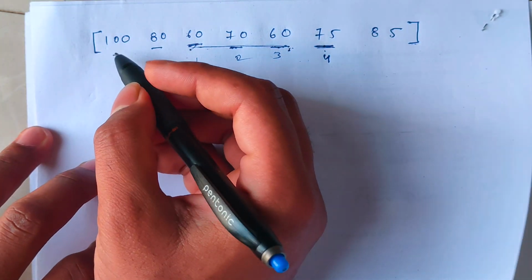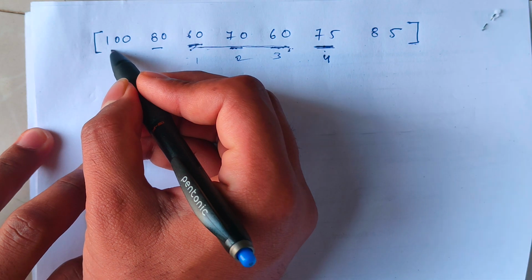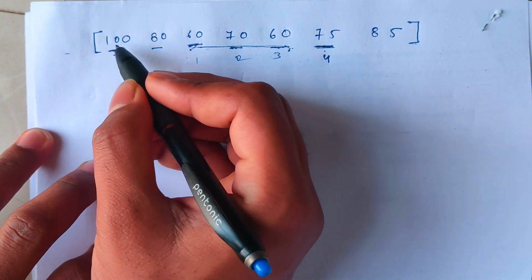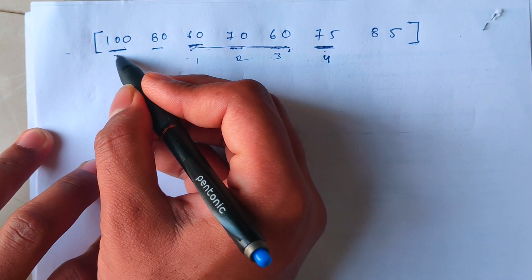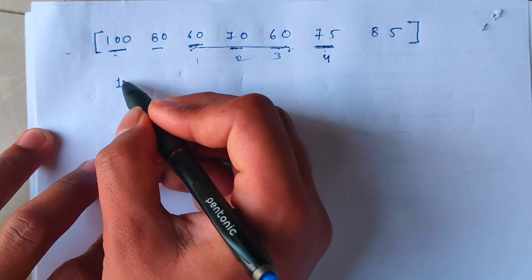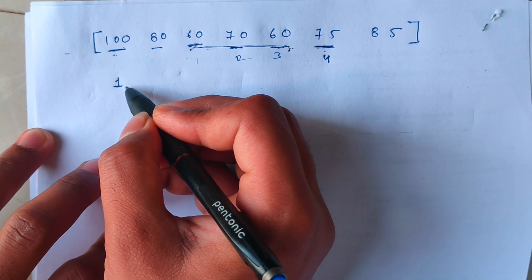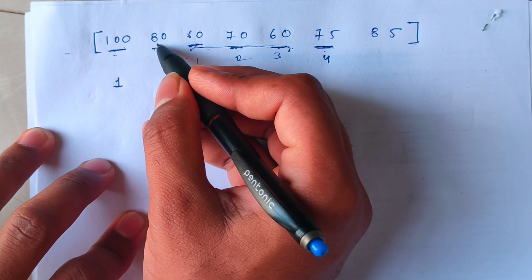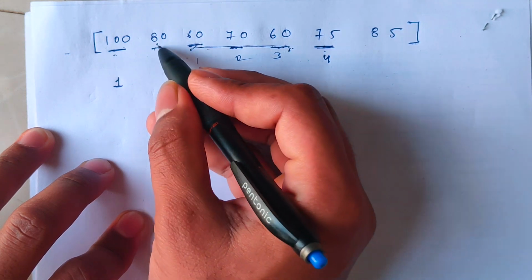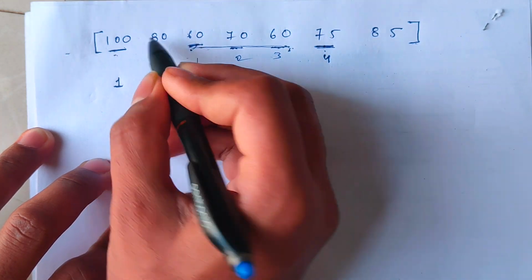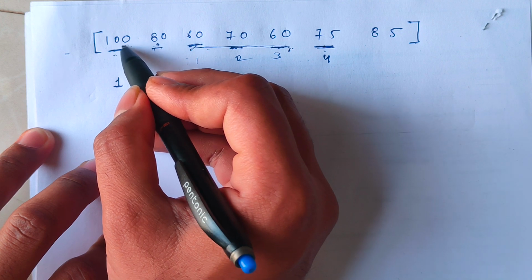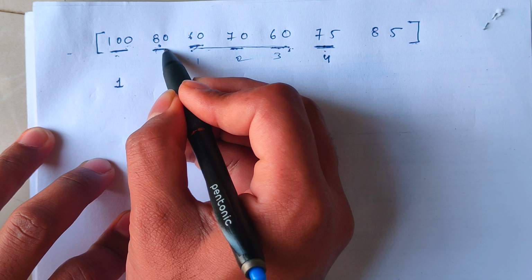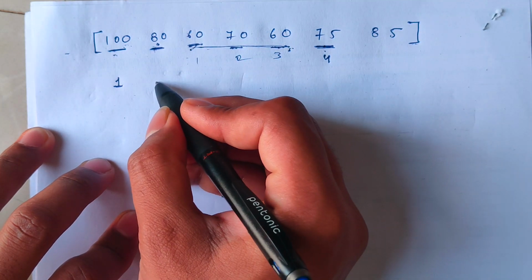Okay, so if we see before 100, is there any element? No, so only 1, itself, is less than or equal to 100. Now if we watch from 80, we look at previous elements: 100 is not less than or equal to 80, so only itself is less than or equal to 80.